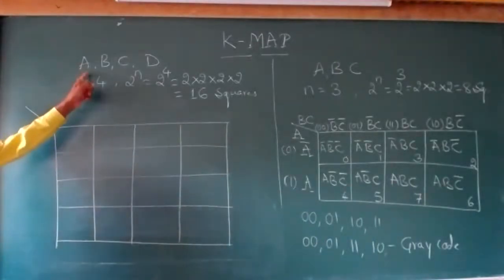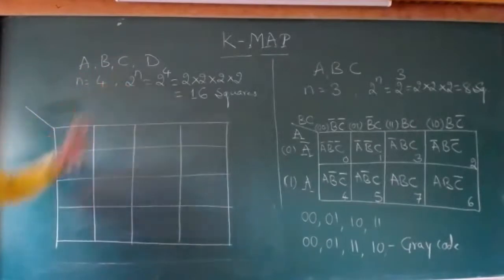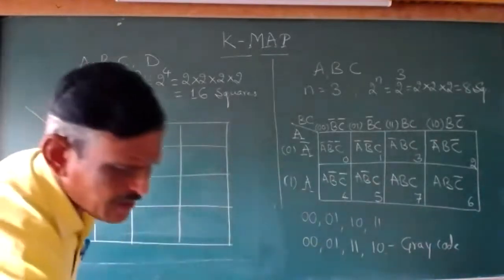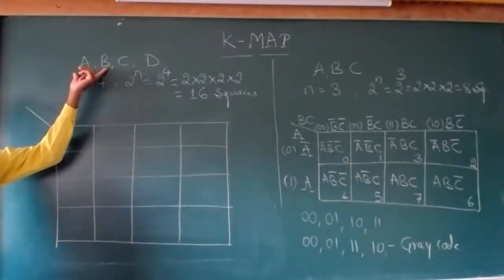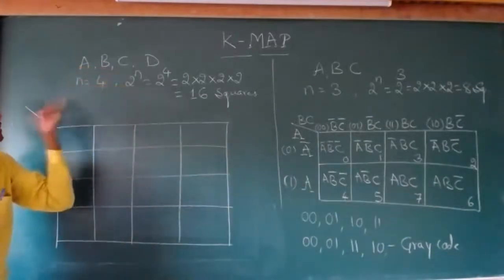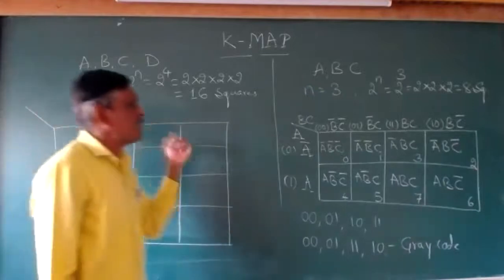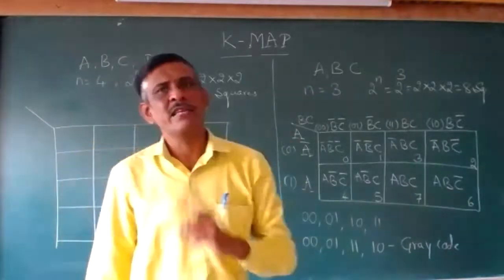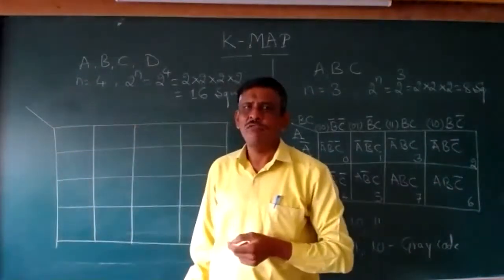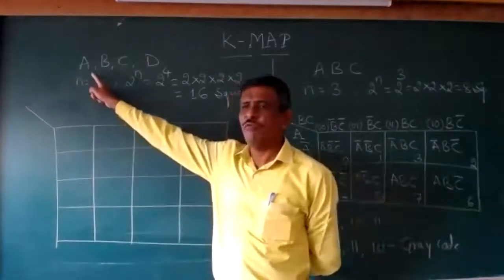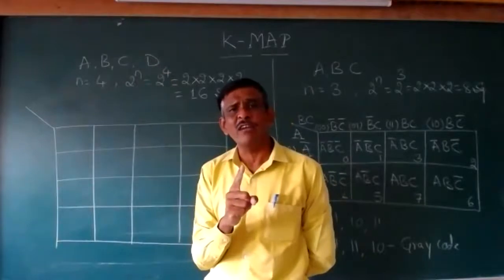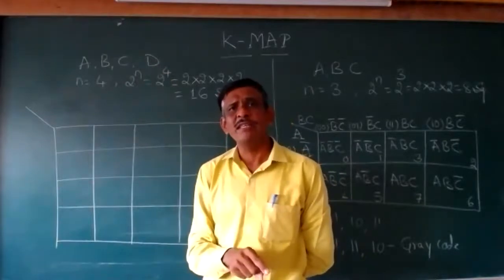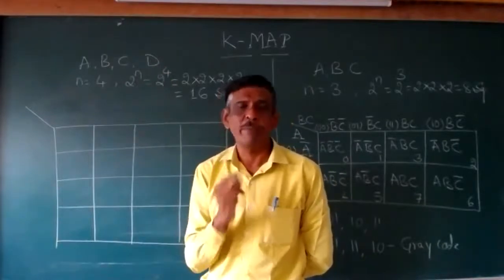Then the assumed variables are A, B, C, D. Listen to the method now. This is very important because such types of questions are normally asked in your exam for 5 marks. If there are 4 variables A, B, C, D, then the first 2 variables you take for row representation, and the remaining 2 for column representation.